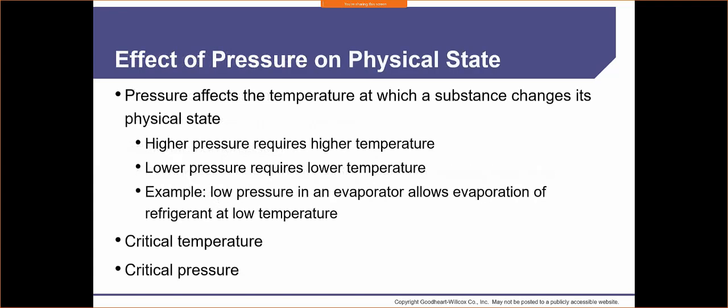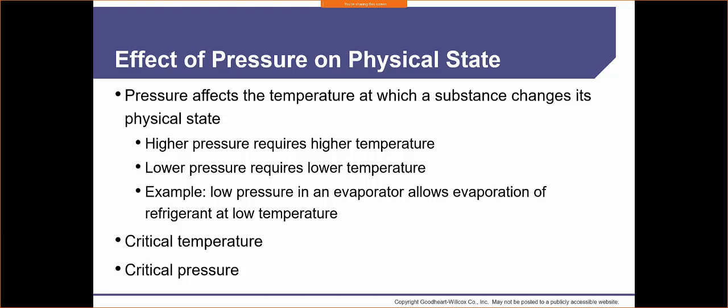Effect of pressure on physical state. Pressure affects the temperature at which a substance changes its physical state. Okay, so what that means is that at atmospheric pressure, we're going to boil water at 212 degrees. If I were to lessen the pressure on that water, I'm going to boil that water at a lower temperature.